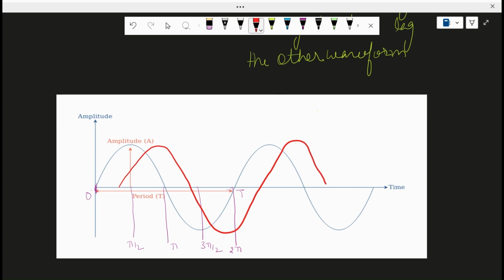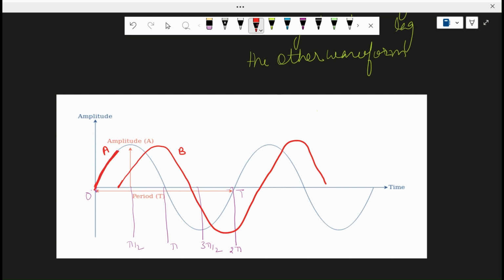Here you can see when this wave started, let this initial wave be A, and this be B. So when the B wave started, the A wave had already moved a certain distance, or a certain time.